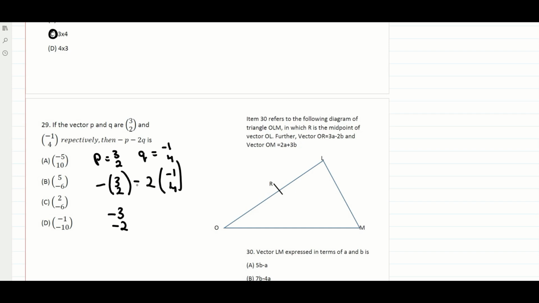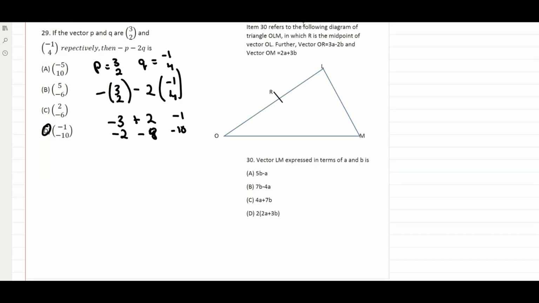Minus 2 by minus 1 is positive 2, minus 2 by 4 is minus 4, right? Minus 3 plus 2 is minus 1, and this is minus 2 minus 8, which is minus 10, so my answer is D, right?